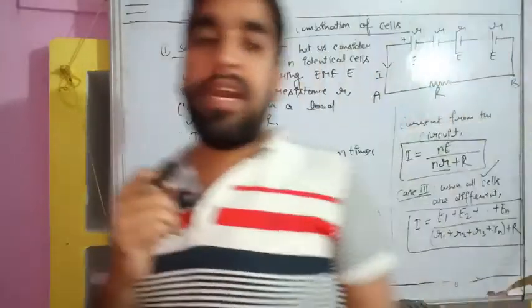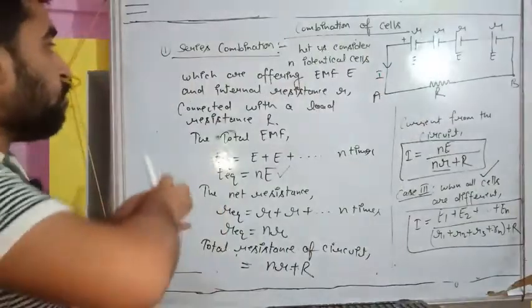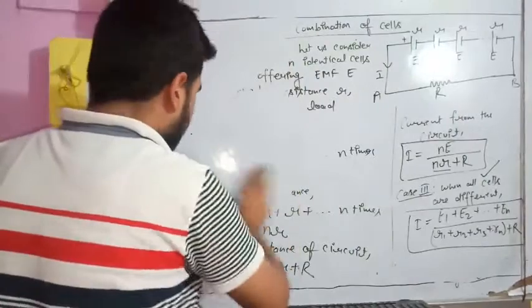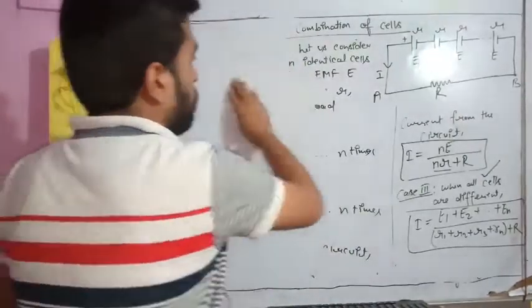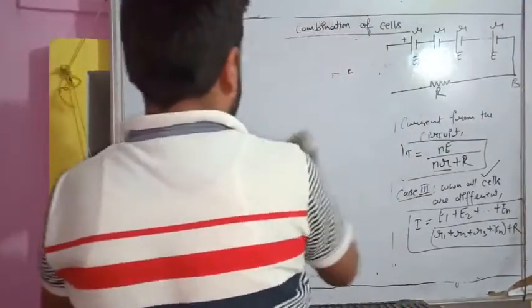Now students, we are going to solve it when the cells are connected in parallel combination. Second case we are going to do. So I am erasing this. Combination of cells in parallel combination.